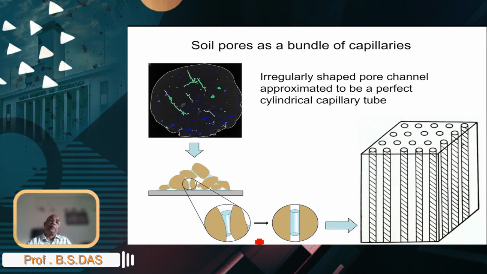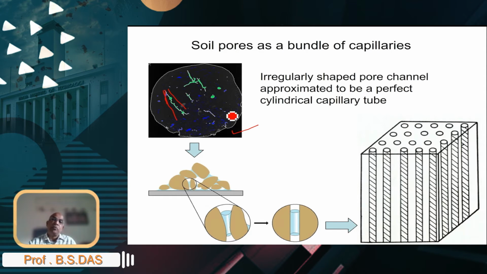In this cross section of the X-ray CT scan that we showed earlier, you can see that these pores definitely are not like a straight capillary tube. Of course, you probably can make some kind of an approximation.